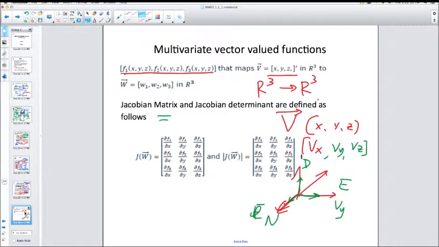Now let's put it that way: x y, x squared z, x z squared. That's a 3 to 3 function. And you can try to understand this by the example I give. I give you x, y, z, only the position.